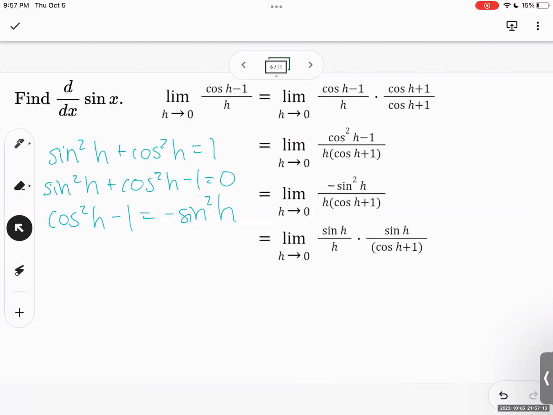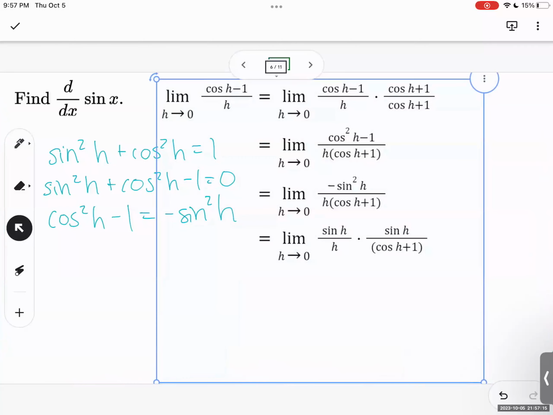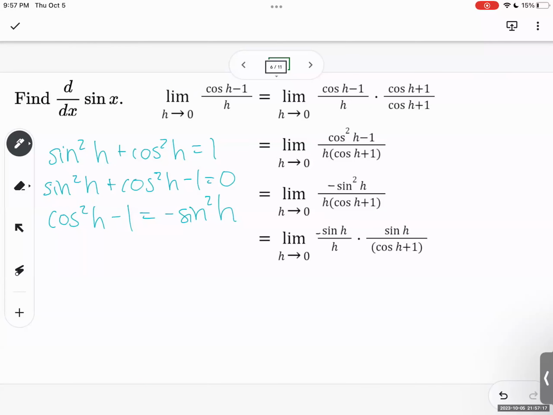We can split sine squared h. Hold on, let me actually put that negative sign over here. So we have the limit as h approaches 0 of sine h over h times negative sine h over cosine h plus 1.